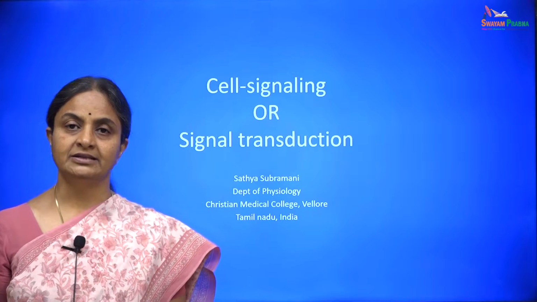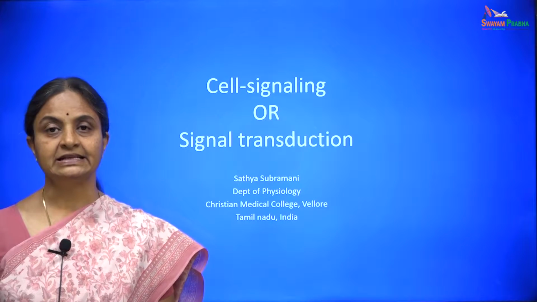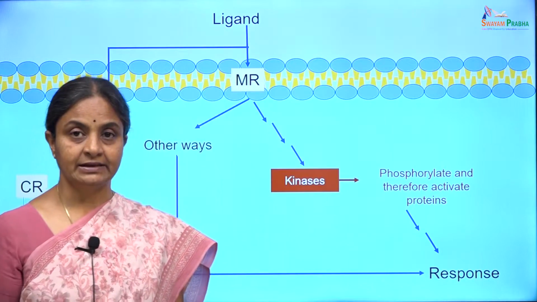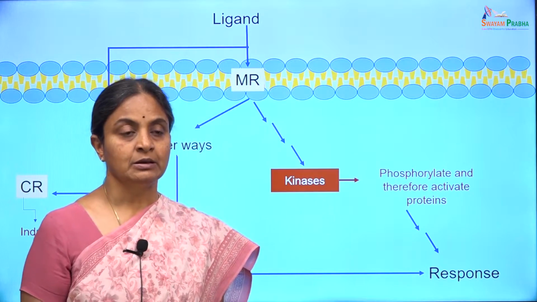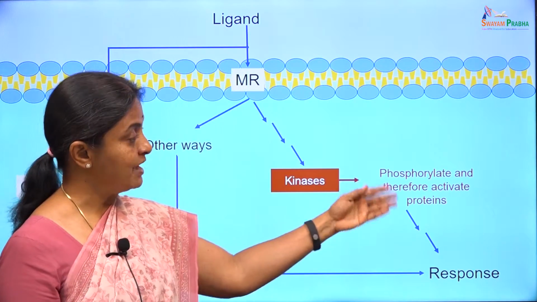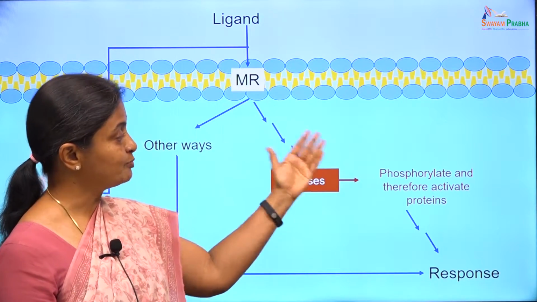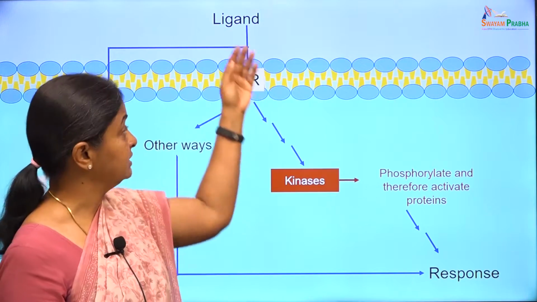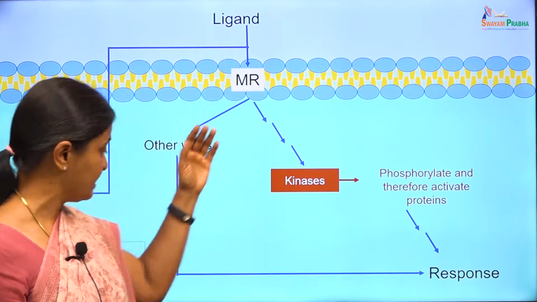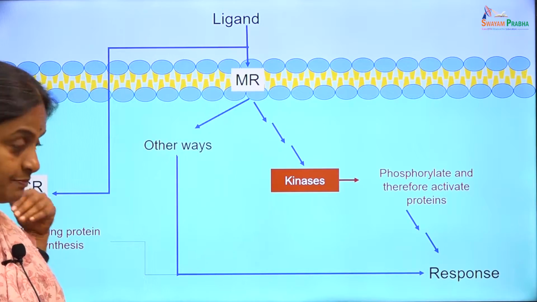The topic under discussion currently is cell signaling mechanisms. The closing slide in the previous session was this, where we referred to cell signaling pathways as those pathways which are triggered by ligands binding to receptors, either membrane receptors or cytoplasmic receptors.